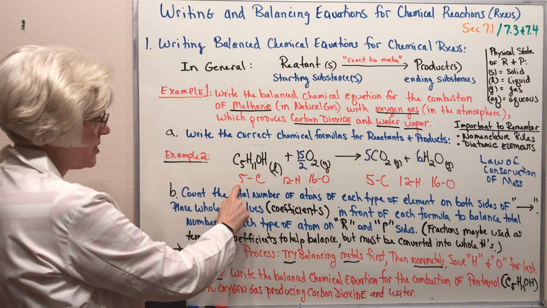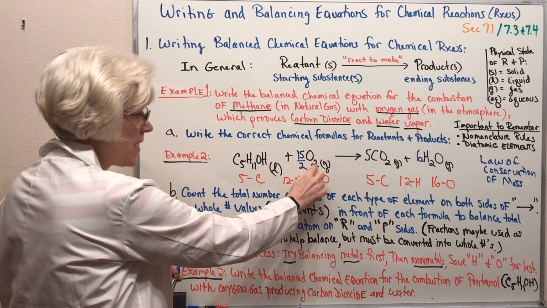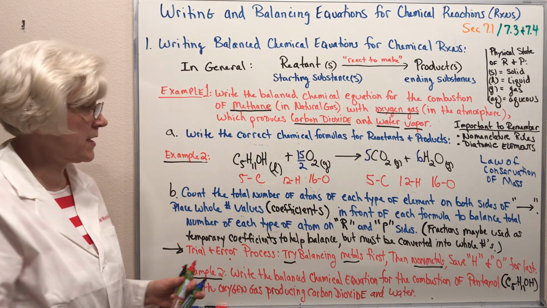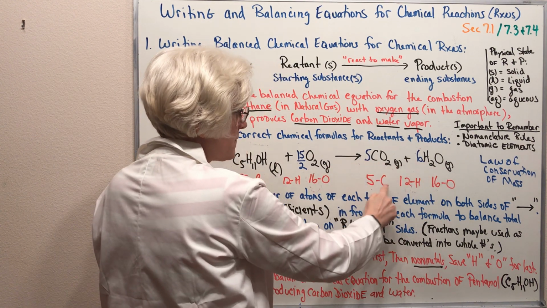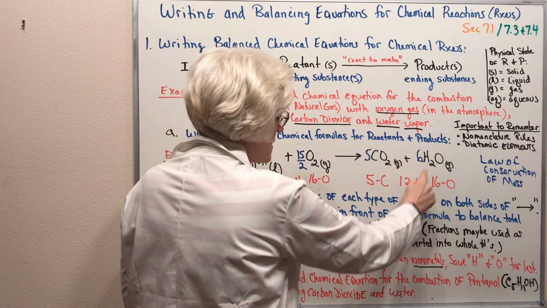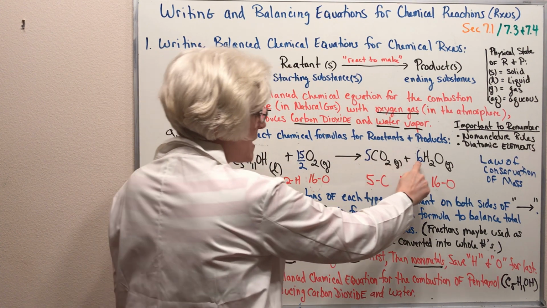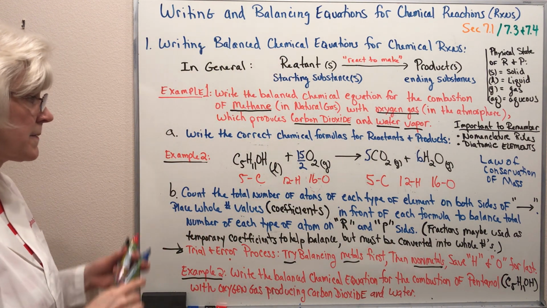I have 5 carbon, 12 hydrogen, 15 over 2 times 2, plus 1 is 16 oxygen. And I see the same count on the product side, 5 carbon, 6 times 2, 12 hydrogen, 5 times 2 is 10, plus 6, 16 oxygen.